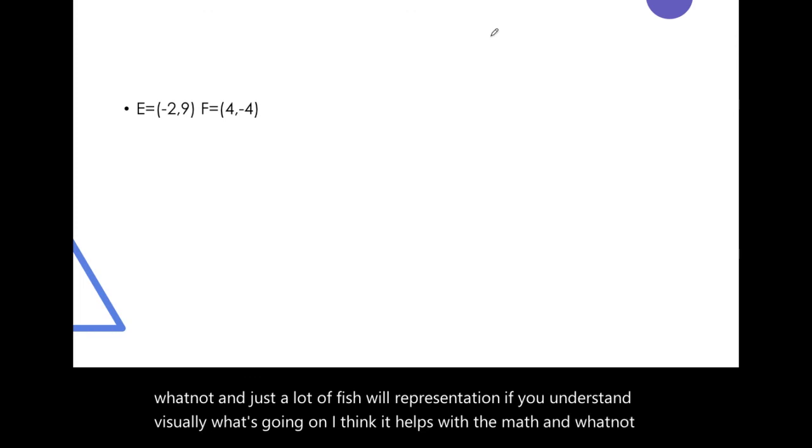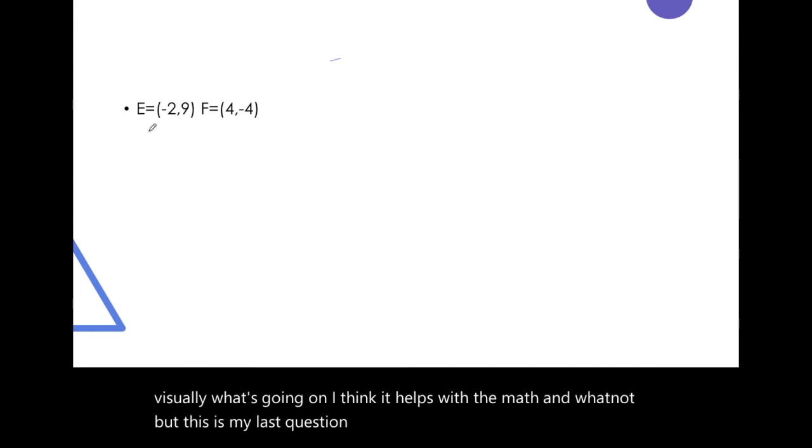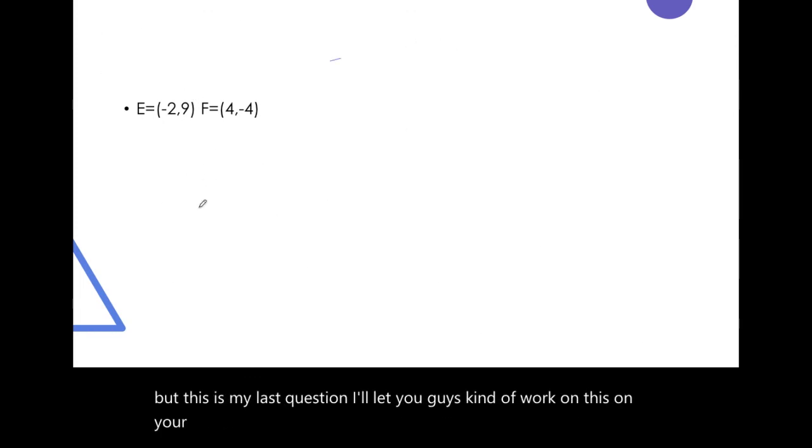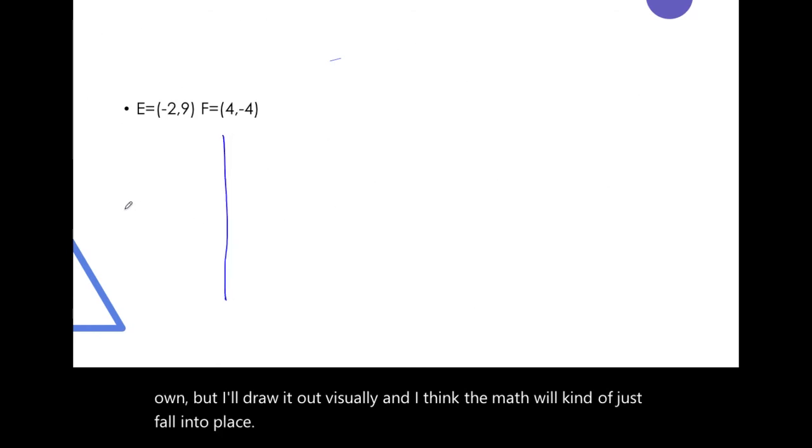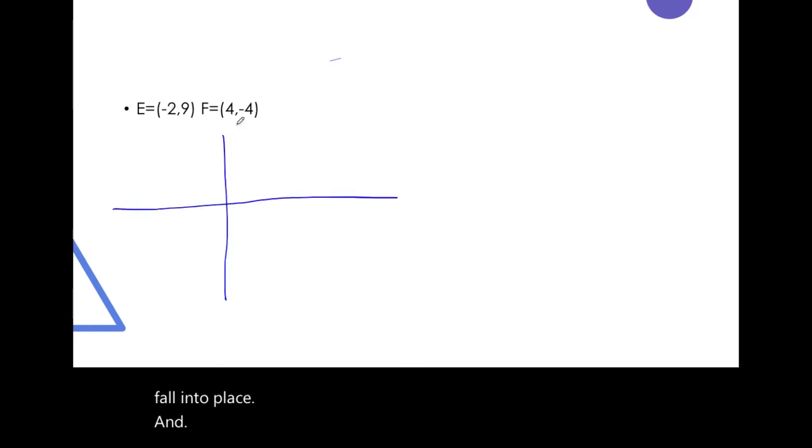This is my last question. I'll let you guys work on this on your own, but I'll draw it out visually, and I think the math will just fall into place. With this question, this is going to wrap it up for today, as far as the physics portion of the camp.